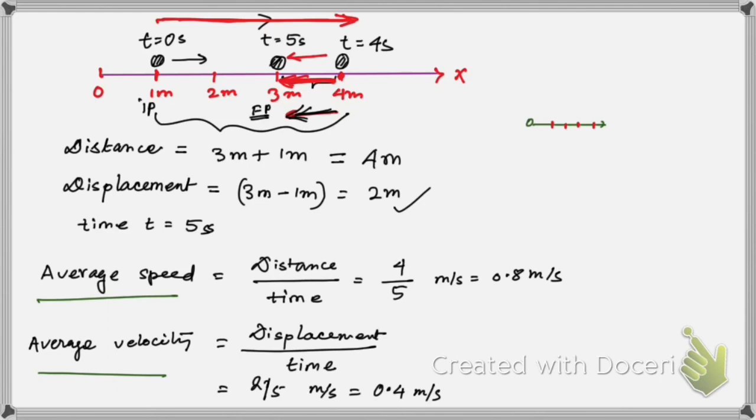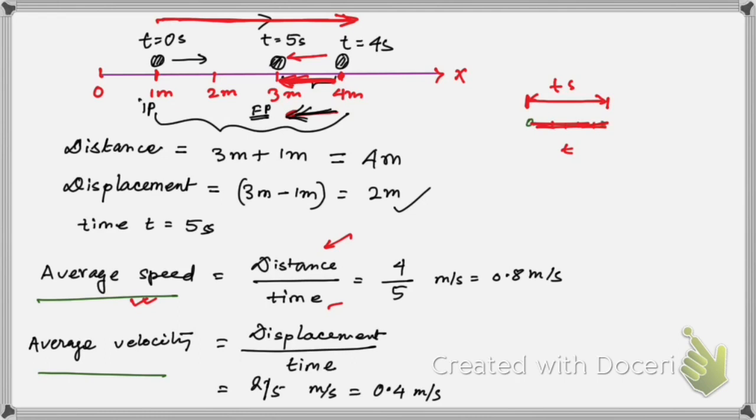So when we find speed, distance by time, total distance traveled by time taken, it gives the average speed, right? Average speed during this period of time of t seconds, right?